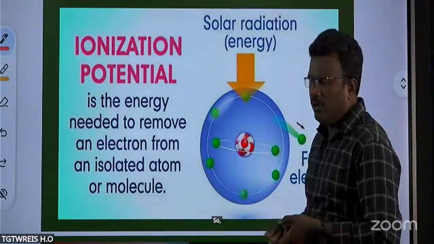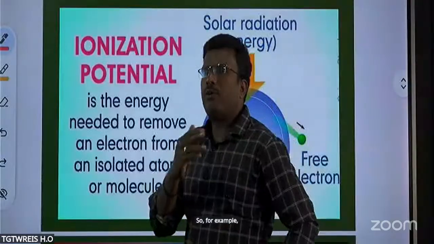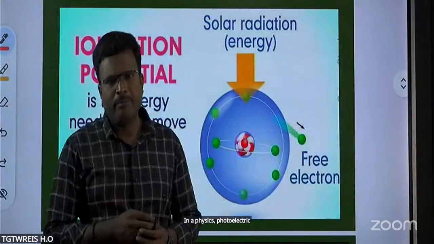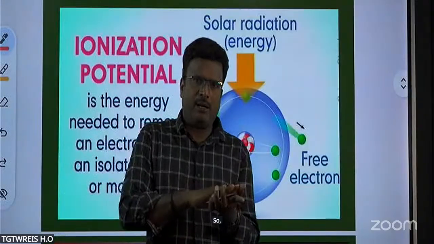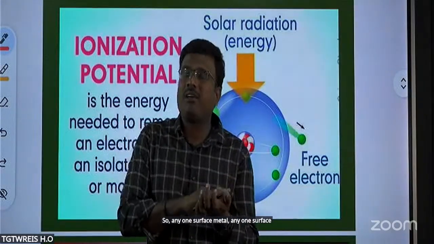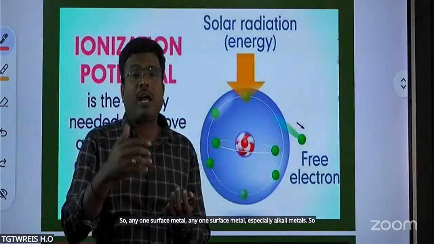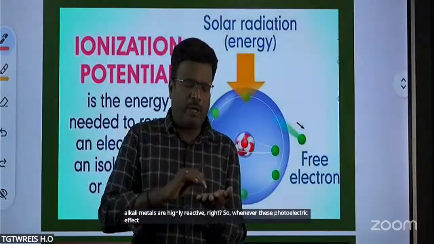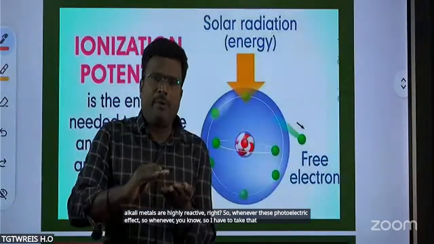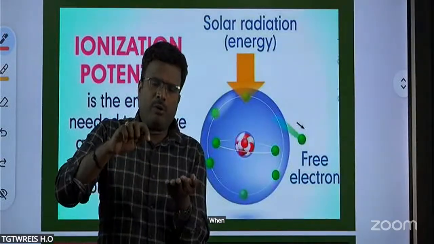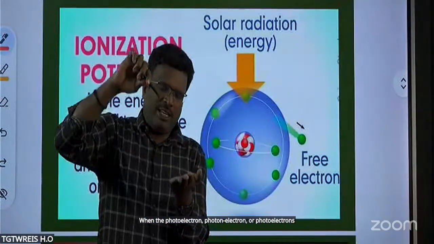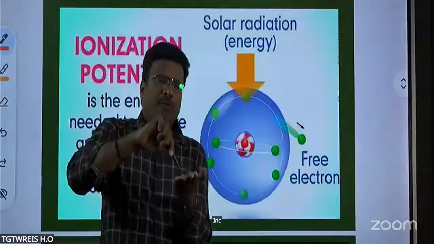So for example, you know the photoelectric effect in physics. Take any one metal surface, especially alkali metals. Alkali metals are highly reactive, right? Whenever photons are incident on the surface of an alkali metal, what happens?